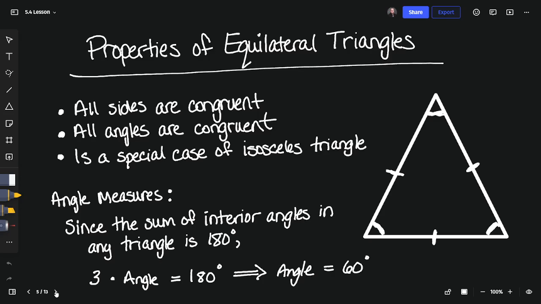And one thing to note about the angle measures, since the sum of the interior angles in any triangle is 180 degrees, that means our three interior angles, since they're all the same, have to add up to 180. So we have 3 times the angle equals 180. That means that each of the interior angles of an equilateral triangle has to be 60 degrees.